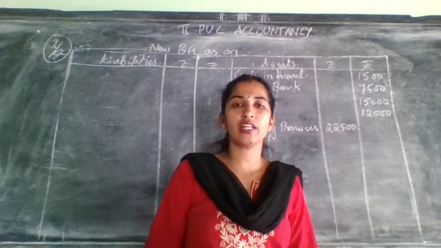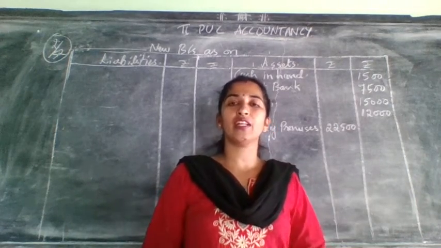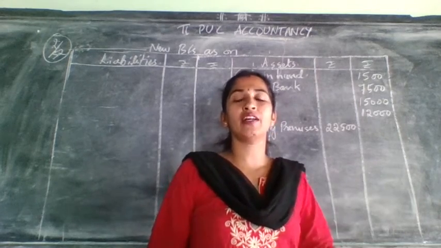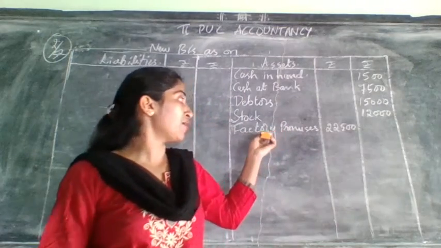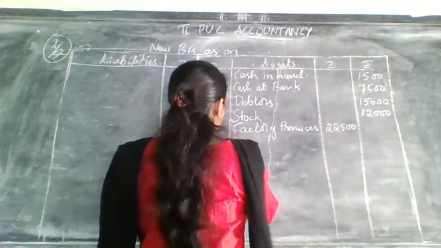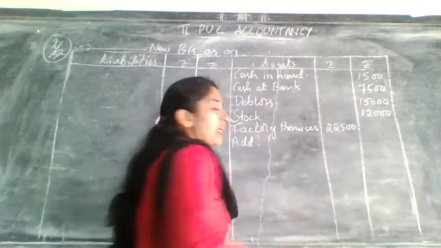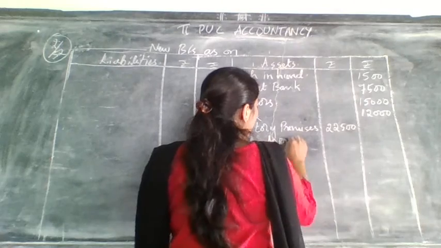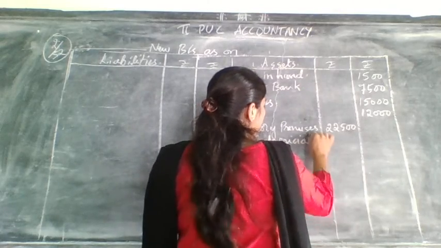You have taken it on the credit side. When you have taken it on the credit side, you need to consider it as appreciation. When the name of the asset is on the credit side of the revaluation account, that means you need to add to that concerned asset.